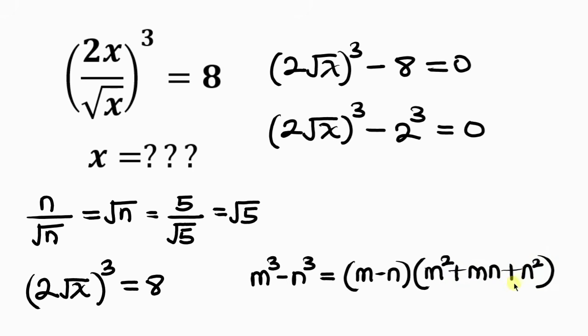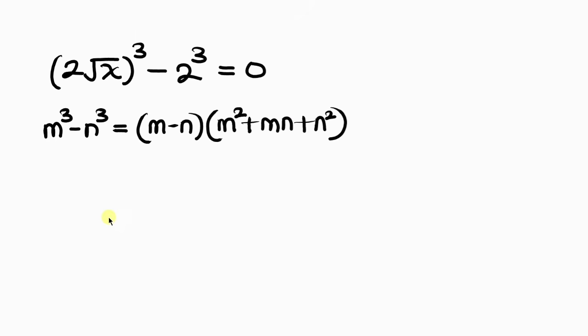Very good. So we're going to be using this identity to solve what is left here. But let's do some comparison first. Our m here that is carrying this cube represents 2 root x that is carrying the cube. So that means our m represents 2 root x, and then our n represents 2.